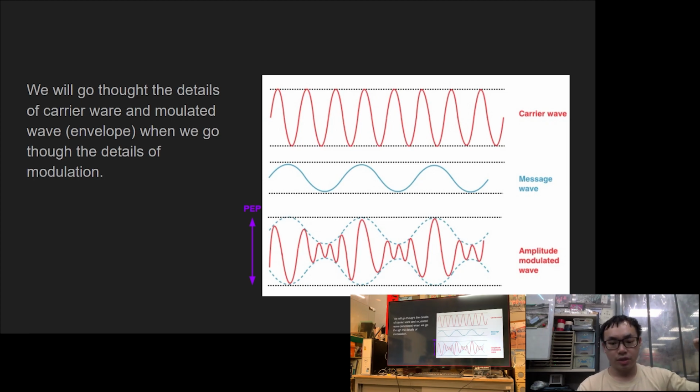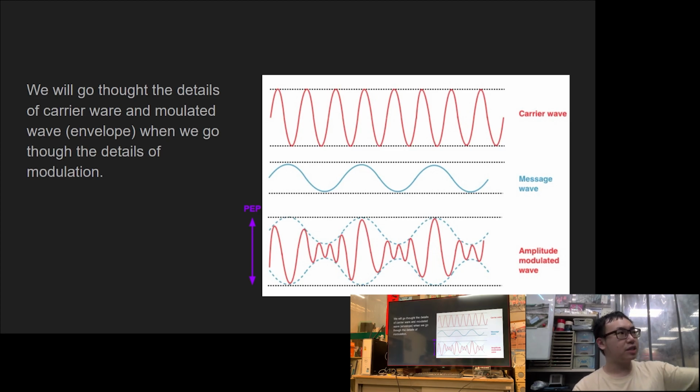Okay, so you see that carrier wave is a frequency we are designed to transfer, to emit, and the message wave is the voice that we put in our daily messages. When we combine them, we'll have a modulated wave. Yeah.